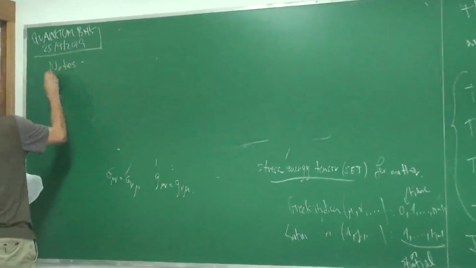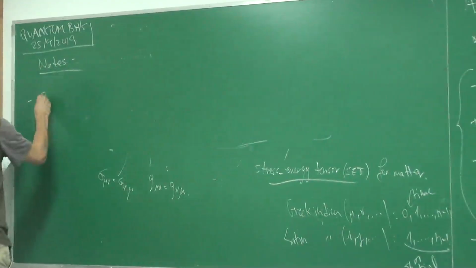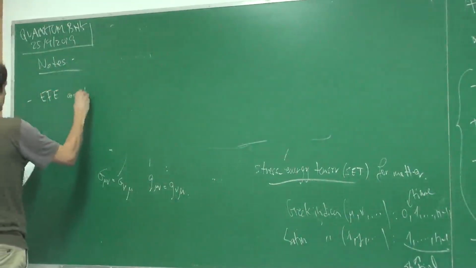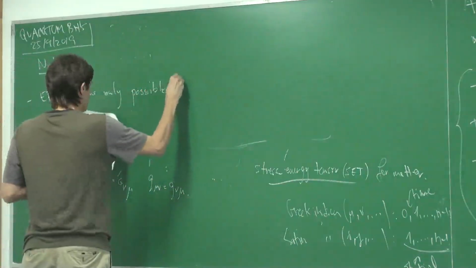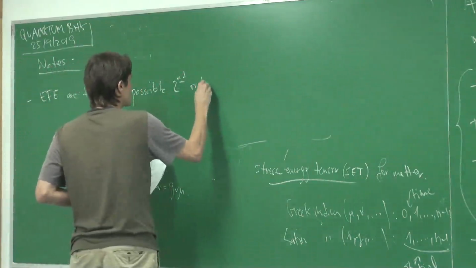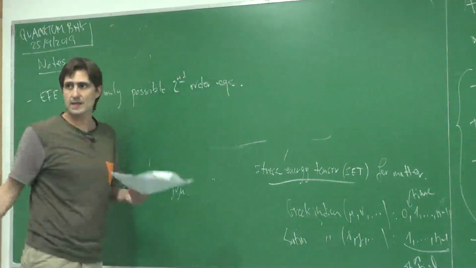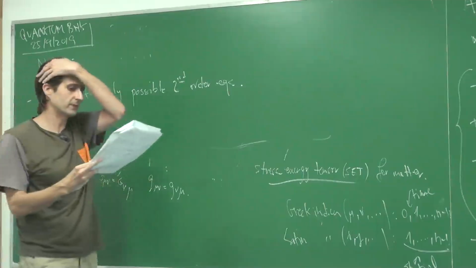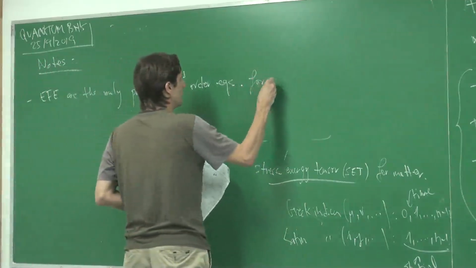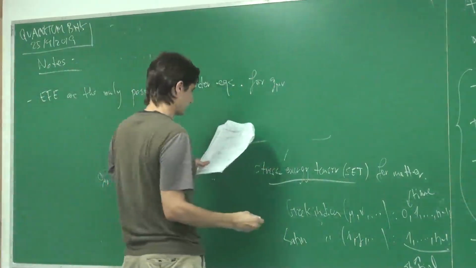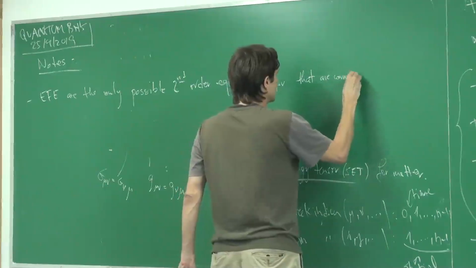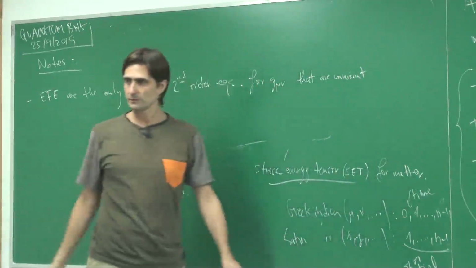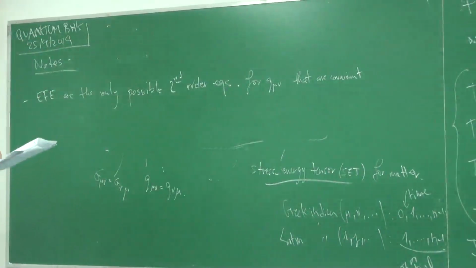Just a few notes on this. Number one, the Einstein field equations are the only possible equations containing second order derivatives of the metric g mu nu that are covariant, so that are invariant under coordinate transformations.